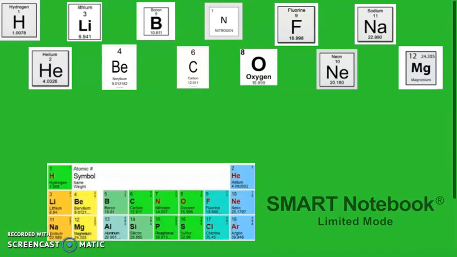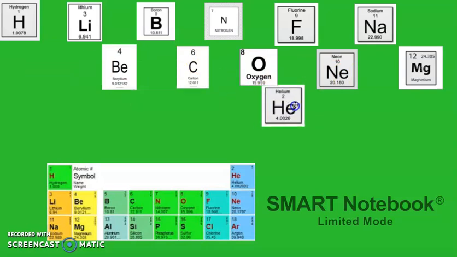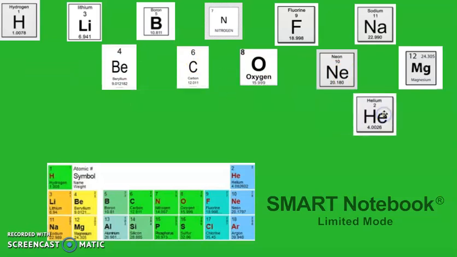So what happened was, and I have up here the 12 smallest elements from hydrogen to magnesium. These are the 12 smallest elements. What people noticed was that helium hardly ever had a compound with any other element.